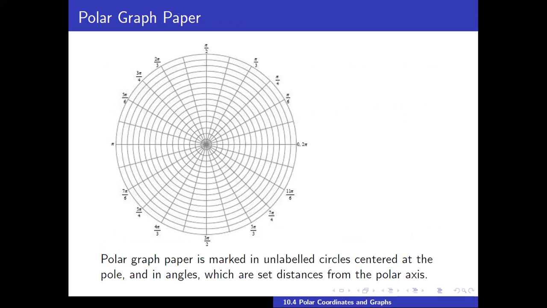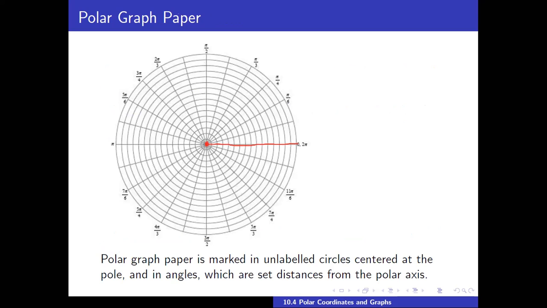All right. So here's how this thing is going to work. Here's our pole in the middle right here. Here's our polar axis right here. Polar graph paper is marked in unlabeled circles centered at the pole and at angles which are set distances from the polar axis.